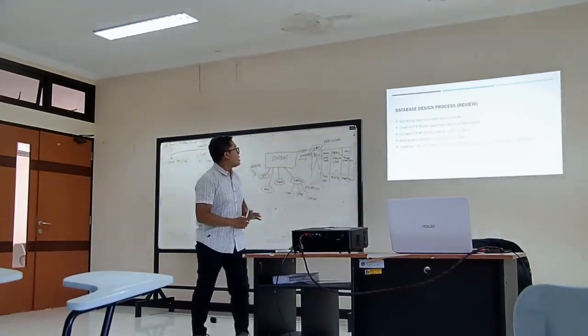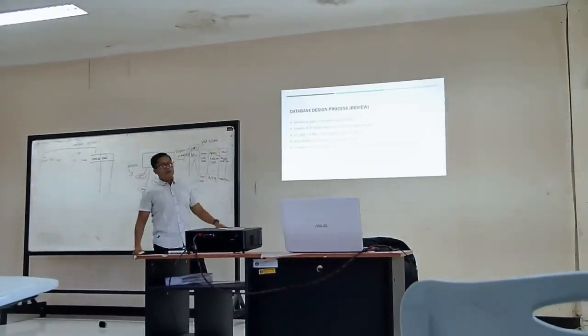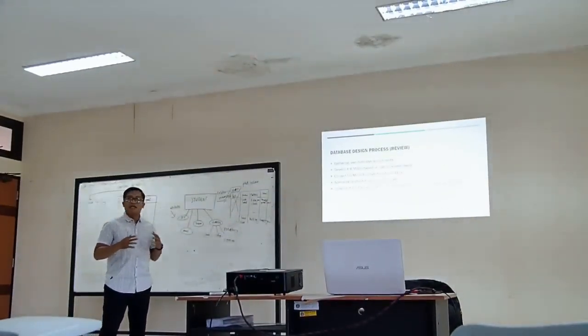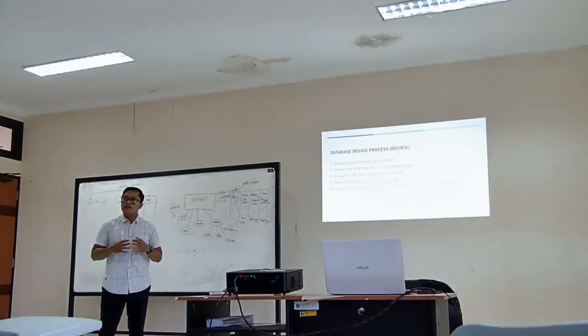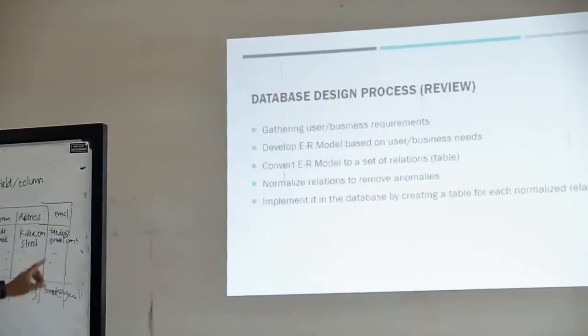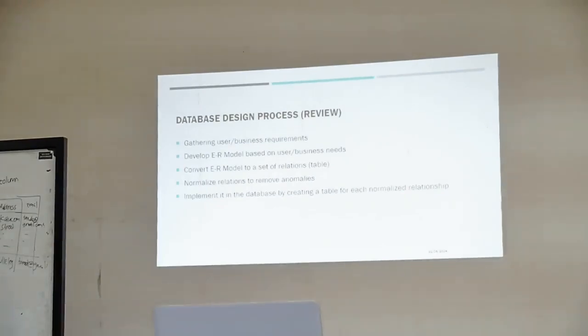Okay, this is the database design process. To create an ERD and database design, first we need to gather user or business requirements. We need to find the requirements and then develop the ER model based on user or business needs.